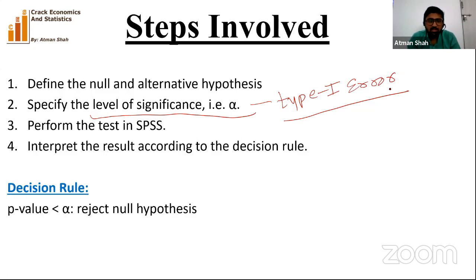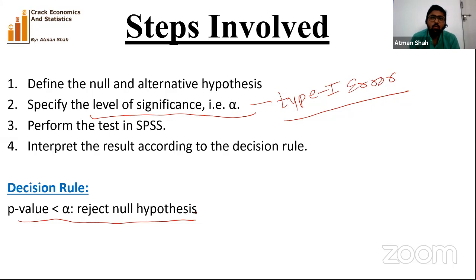So the decision rule is, if p-value is less than alpha, we reject the null hypothesis. So the null hypothesis is rejected if the p-value generated by the software is less than the level of significance.